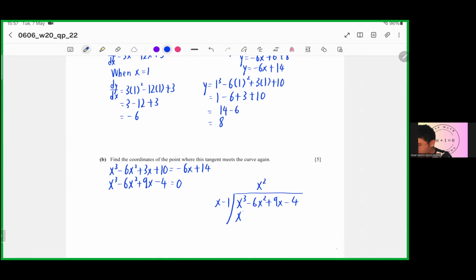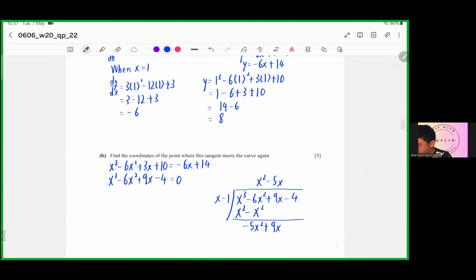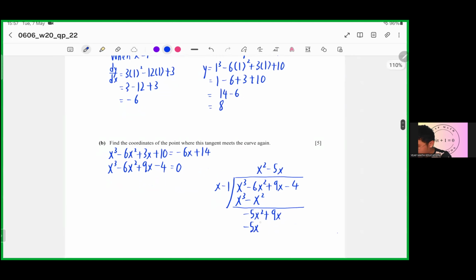x squared, x cubed minus x squared here. Negative 5x squared plus 9x. Now I put negative 5x squared plus 5x, over 4x minus 4 plus 4.